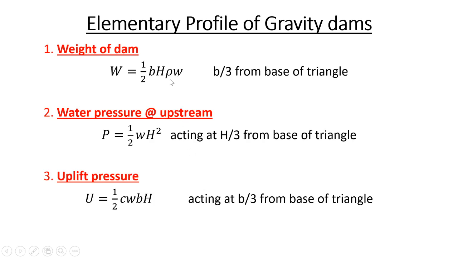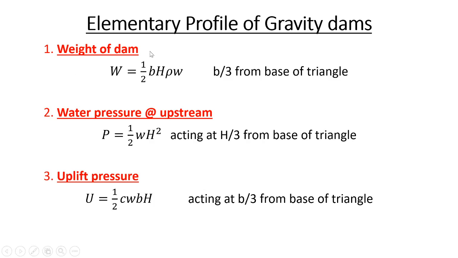But there's a slight change. Instead of this unit weight of material, here the terms used are rho into w, where this small w is the unit weight of water and this rho is the specific gravity of the dam material.